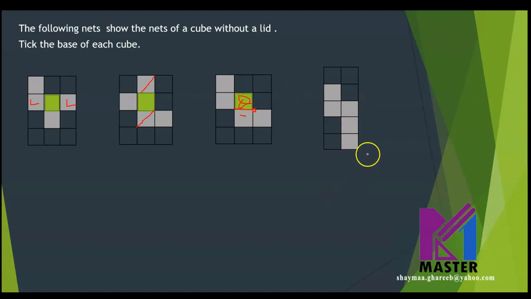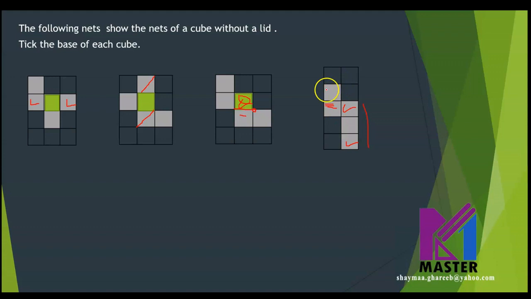Now look at this one. Where to start? I have a column here that has 3 faces. So this one is opposite to this one. What about the one in the middle? Look at this one. Could this one be opposite to this one? No, they meet at a point. Could this one be opposite to this one? Yes. But what about this one here? Look at this face here.